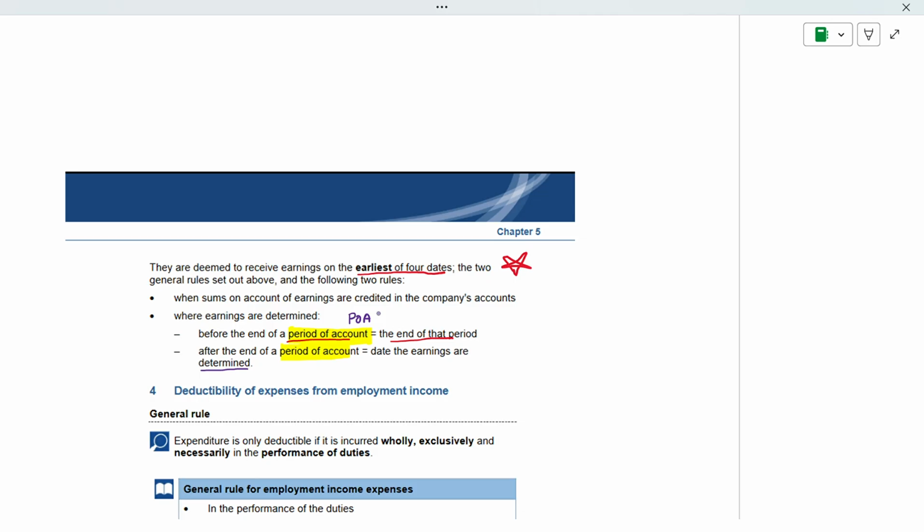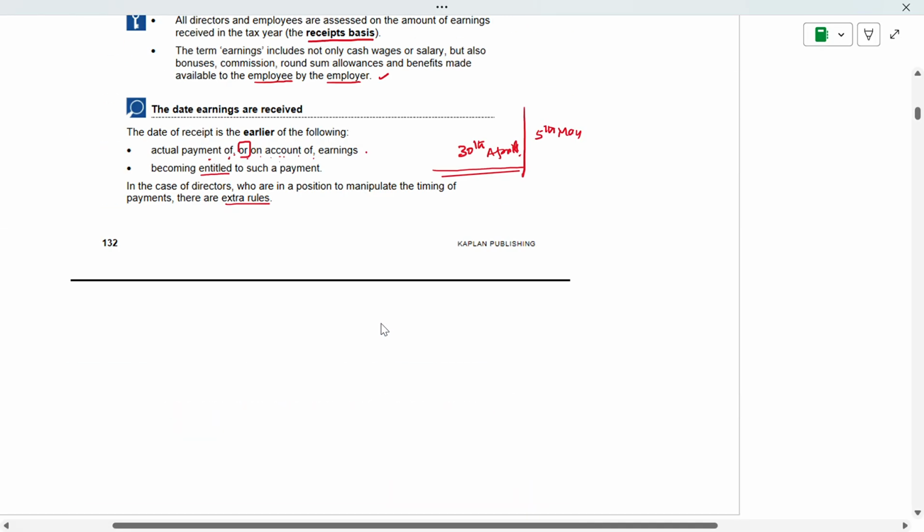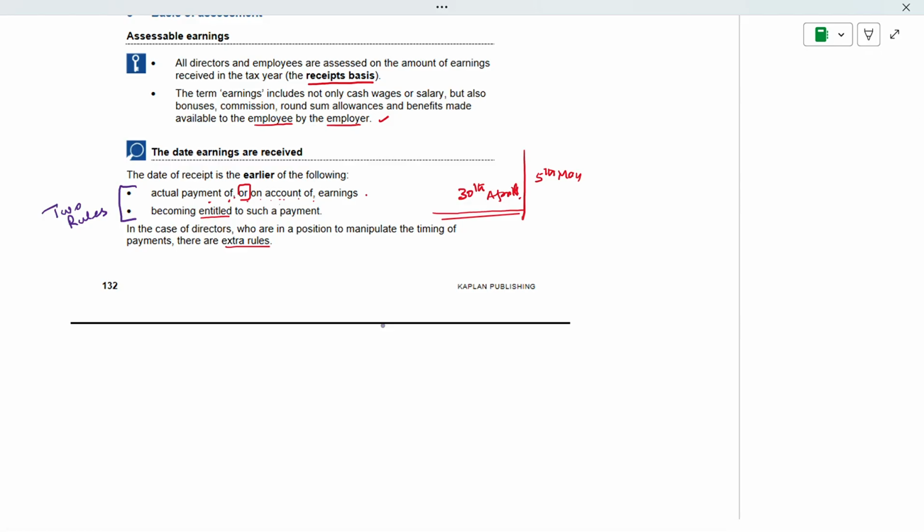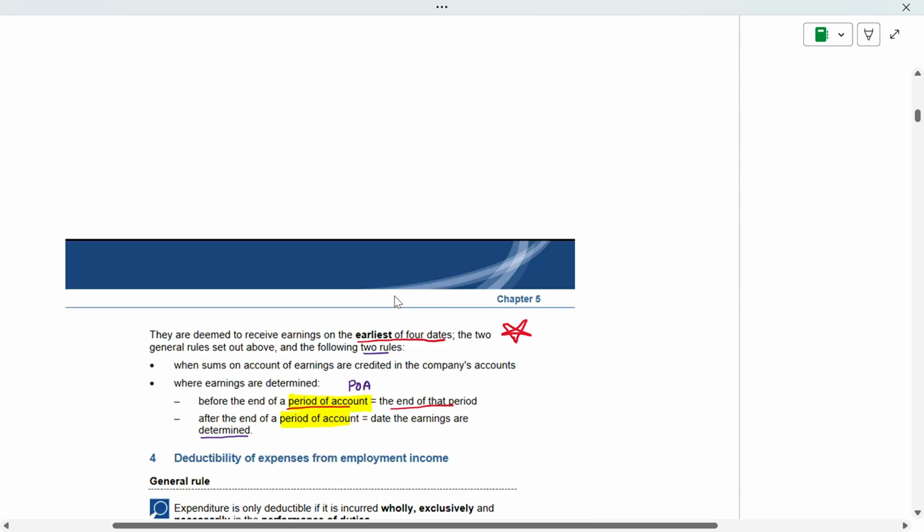The two general rules are set out above, and the following two rules. What are the two rules they have given above? These are two of the 4 rules: actual payment on account of earnings, or becoming entitled to such a payment. What are the extra rules?